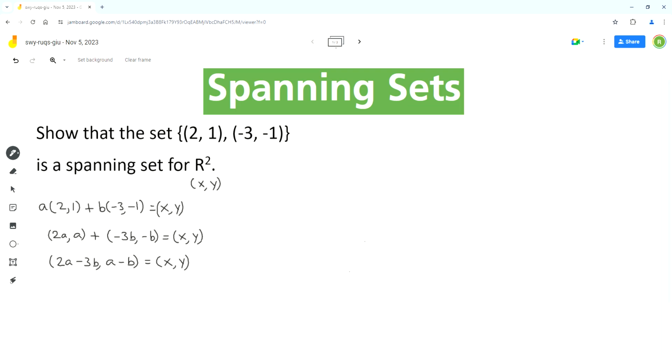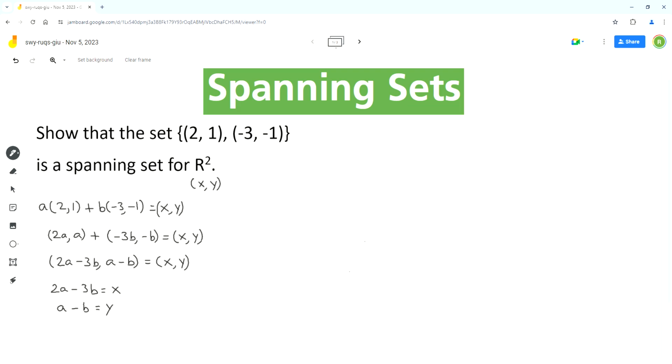So the equation using the x components will be, and the equation using the y components will be. Now we have to solve these two equations to find the values of a and b in terms of x and y.